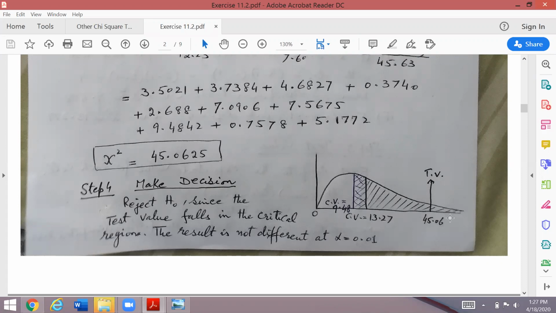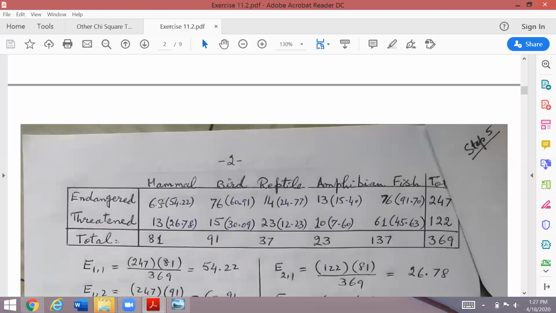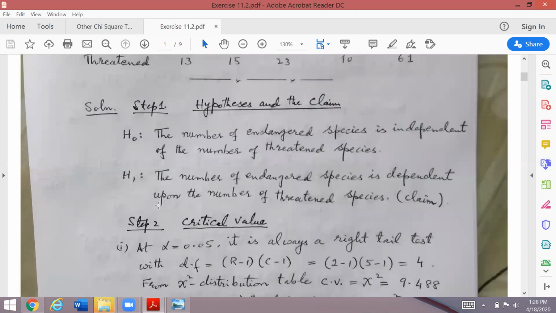And then while deciding in the summary, in step number 5, we looked at step number 4. Here you are rejecting H naught, and let's see what we wrote in H naught. This is your H naught. So you are rejecting it.